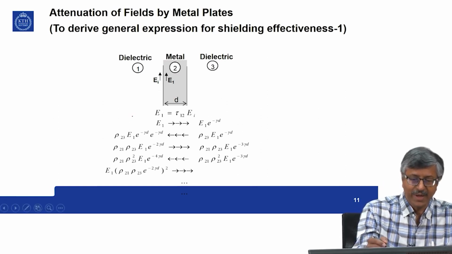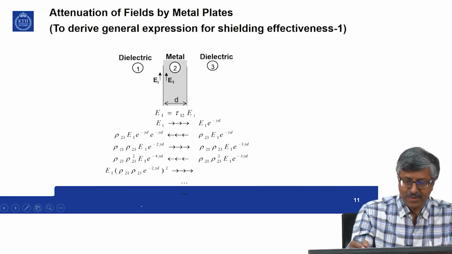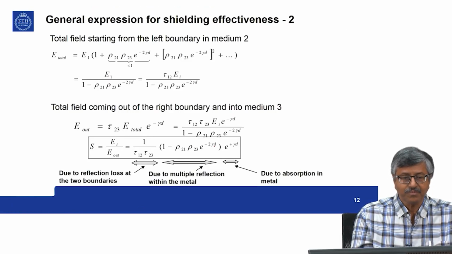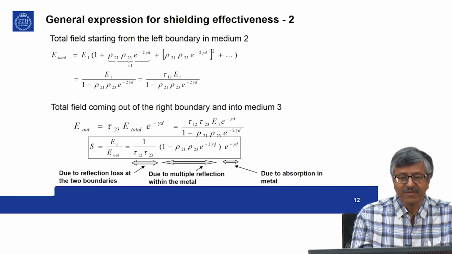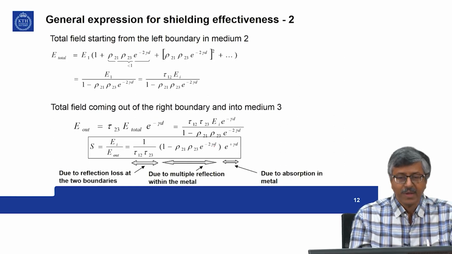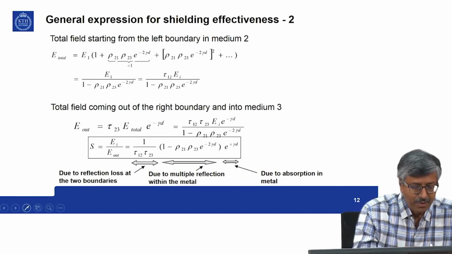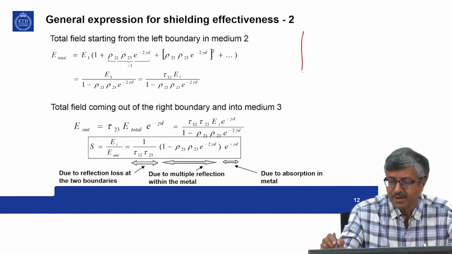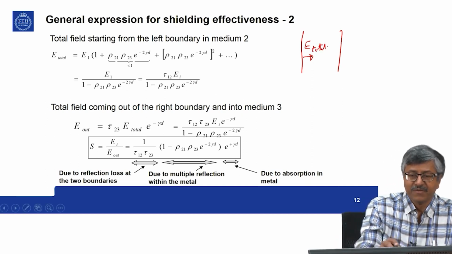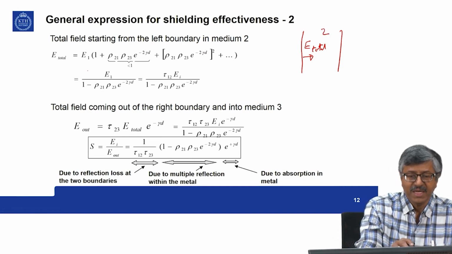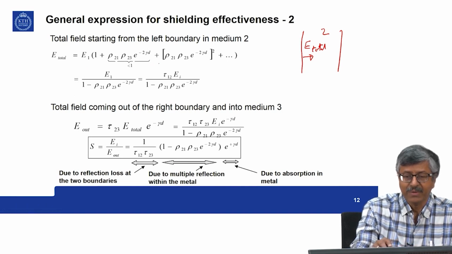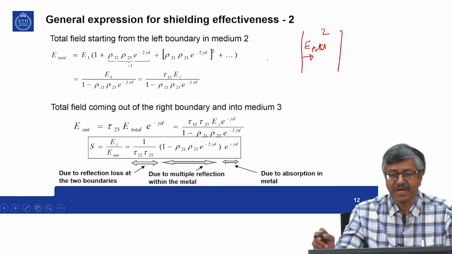Then you add up all these things. The total field, E total, starting from the left boundary in medium 2, can be written as E1 times this value, squared, plus, and so on. Likewise you get an infinite series.